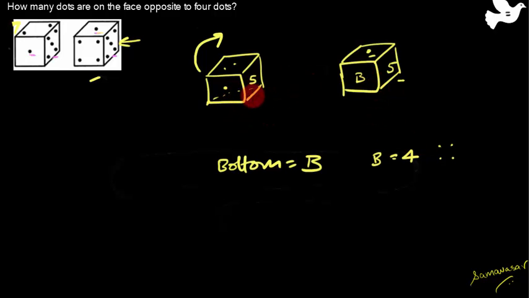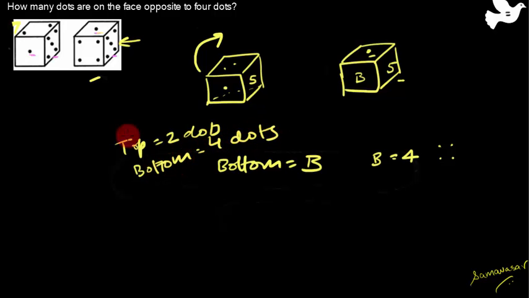Now B was the bottom. At that point of time, 2 was the top. So top was 2 dots, and the bottom was 4 dots. This would mean the number of dots on the face opposite to 4 dots is simply 2 dots. That is the answer.